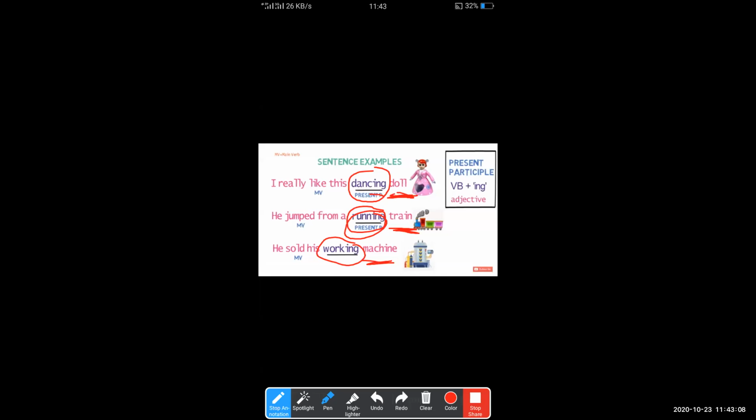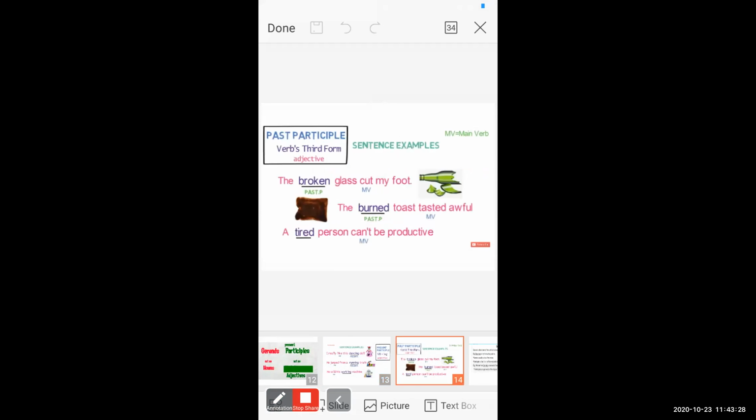So one thing is similar and the other thing is totally opposite. Keep this small thing in your mind, then only you can identify the gerund and the present participle. Students, once you understand the present participle, you can understand the past participle.